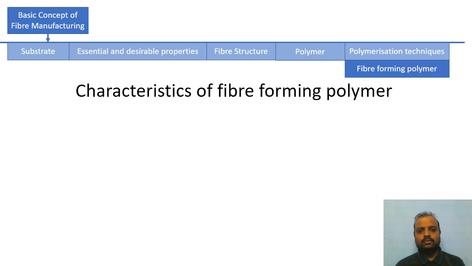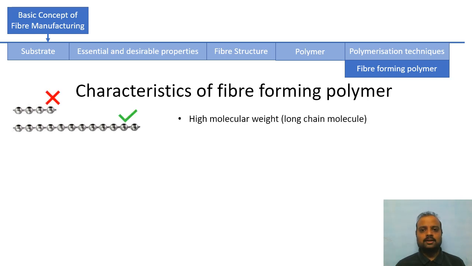But before going into details, I will be clear on one point over here. Not every polymer can produce fiber. For example, our plastic chairs are also produced from polymer. If you take the same polymer to produce a fiber, it is not possible, because the polymer used to prepare chairs has different characteristics compared to fiber forming polymer.